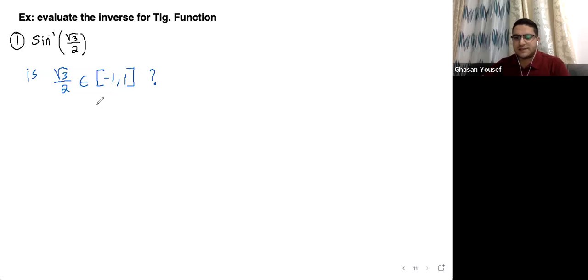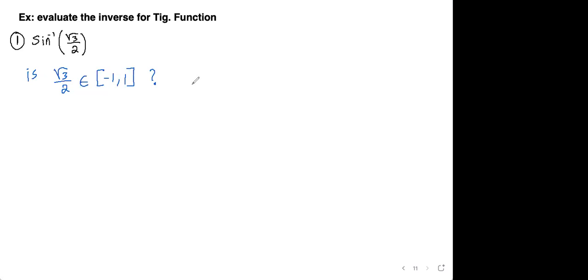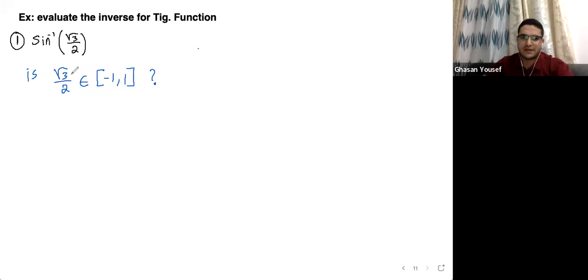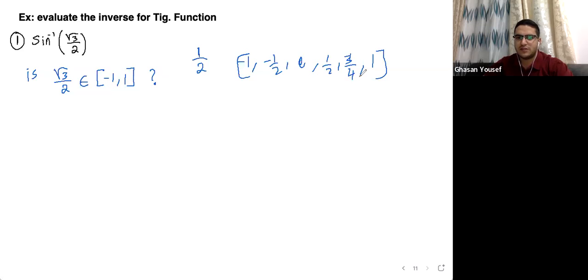The answer is yes. Why? Because this is close to 1/2, right? And this interval is from -1 to 1: -1, -1/2, 0, 1/2, 3 over 4, and 1.